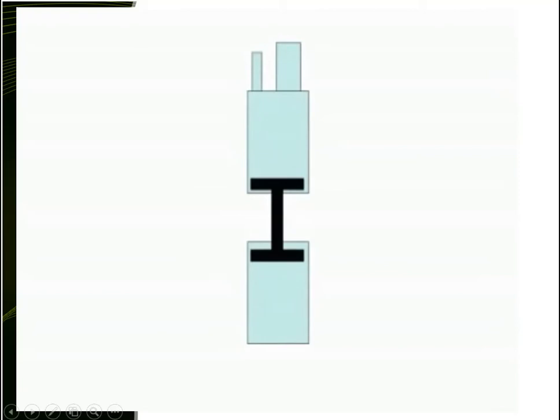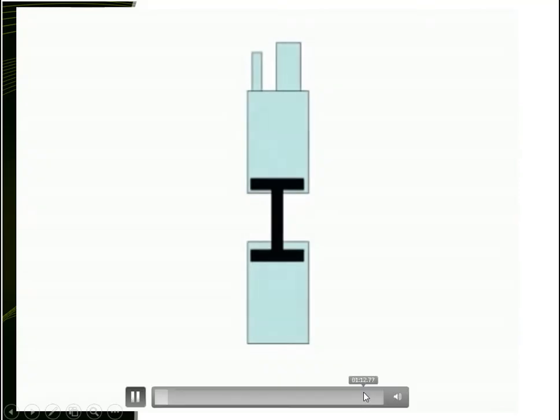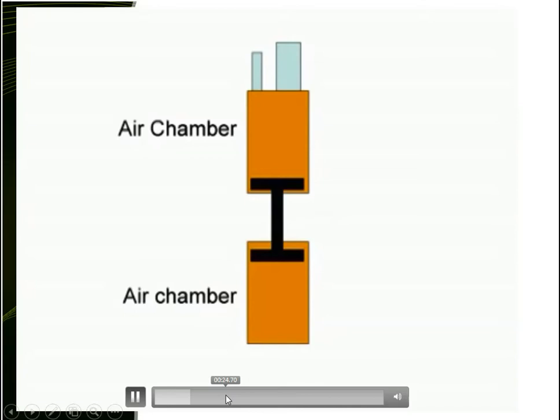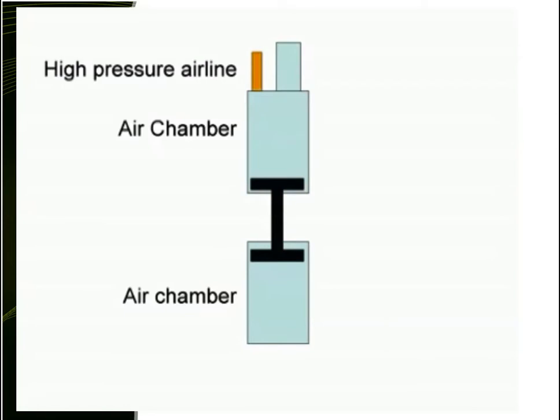A modern air gun seismic source element comprises two high-pressure air chambers, an upper control chamber and a discharge chamber. High-pressure air, typically at 2,000 to 2,500 pounds per square inch, or PSI, is supplied to the upper control chamber from the compressor on board the seismic vessel via an air hose and slowly moves into the lower discharge chamber through an opening in the shuttle assembly. The source is activated by sending an electrical pulse to the solenoid valve, which opens, allowing high-pressure air to flow to the underside of the piston.